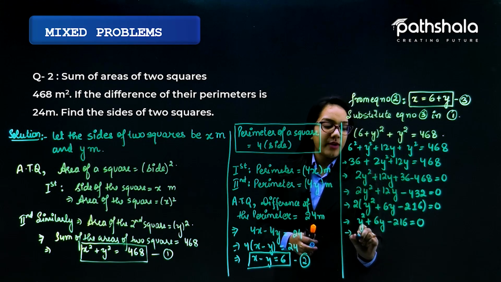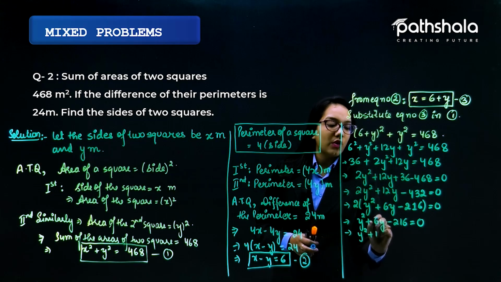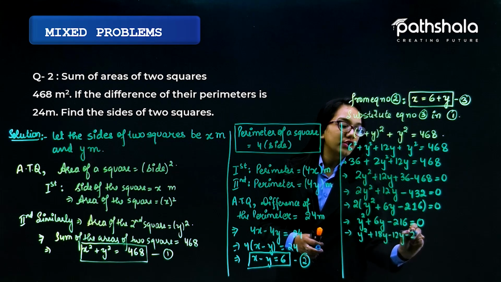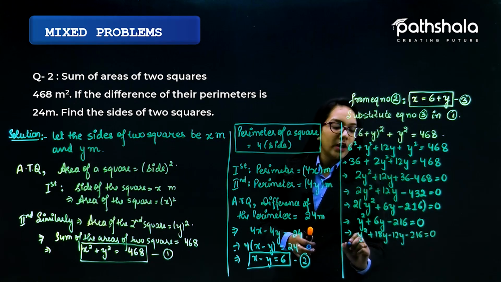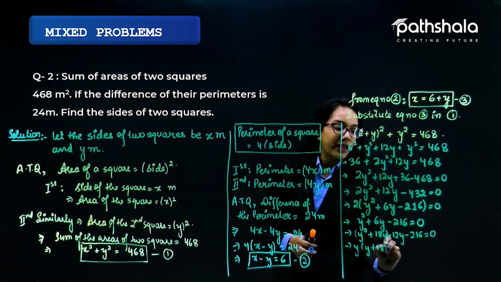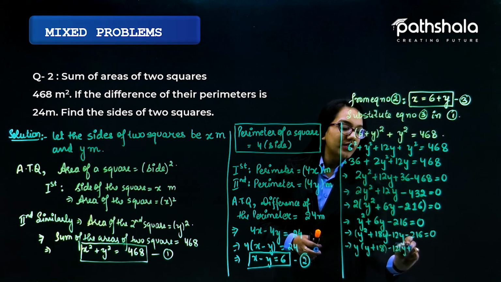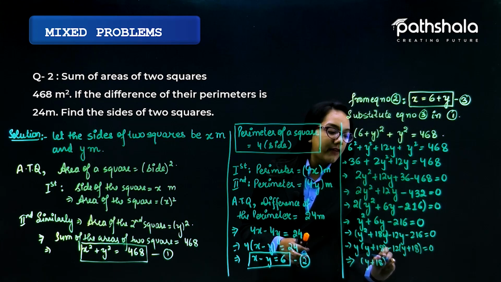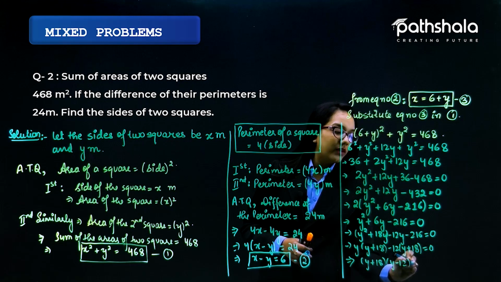So let us write it as y square plus 18y minus 12y minus 216 is equal to 0. Taking y common out of the first two terms, y into (y plus 18) minus 12 (y plus 18) is equal to 0. So at the end we get (y plus 18)(y minus 12) is equal to 0.